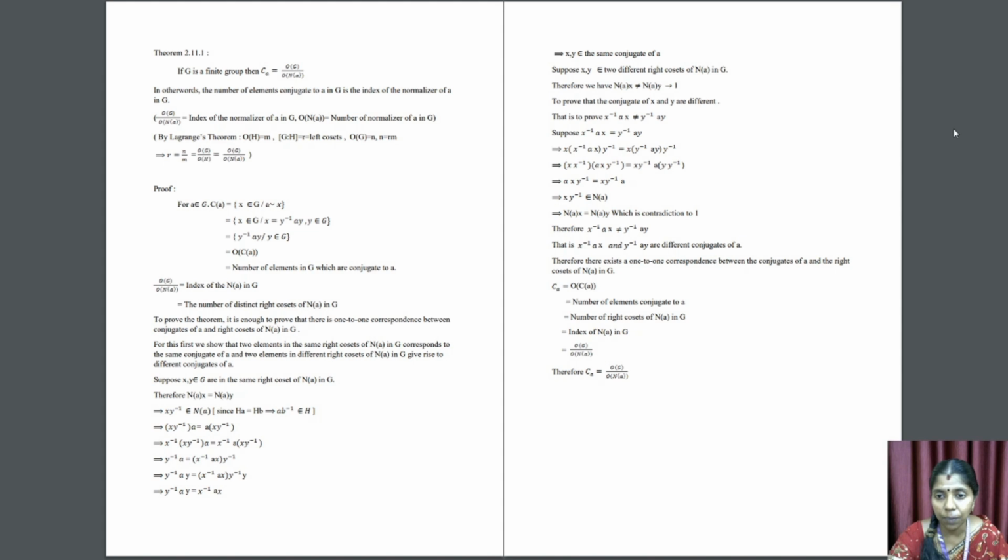Therefore, C(a) equals order of G by order of N(a).